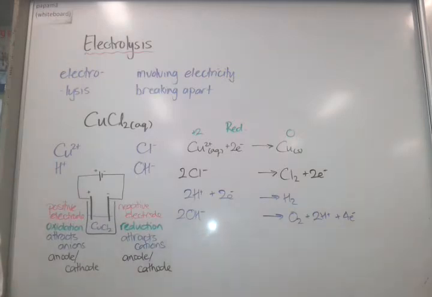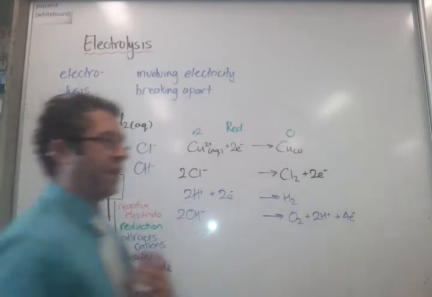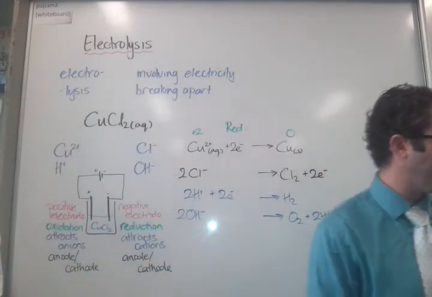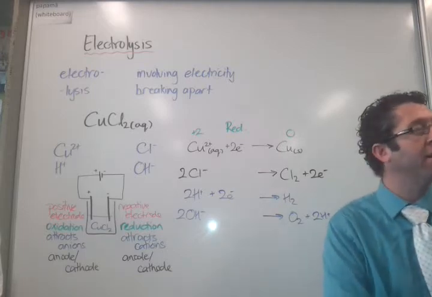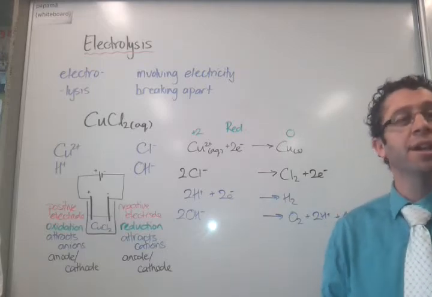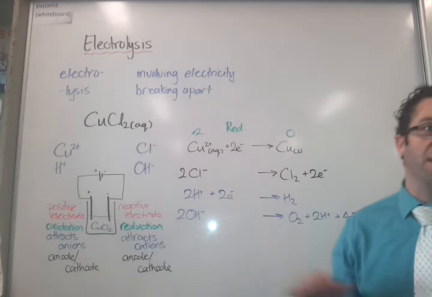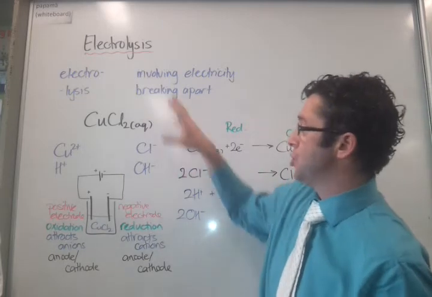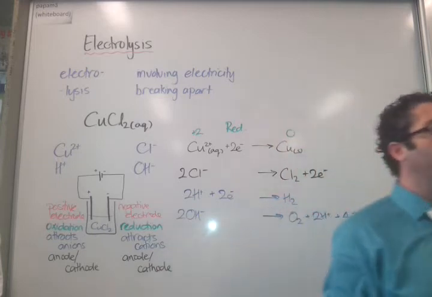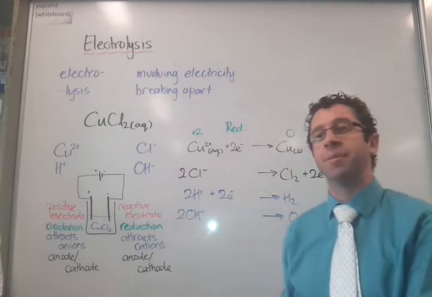This is what is meant by an electrolytic cell. That word might have confused you in the description of the achievement standard and in the description of this topic. So this is what's meant by electrolytic cells. We will use electricity to break apart an ionic compound back into its elements.